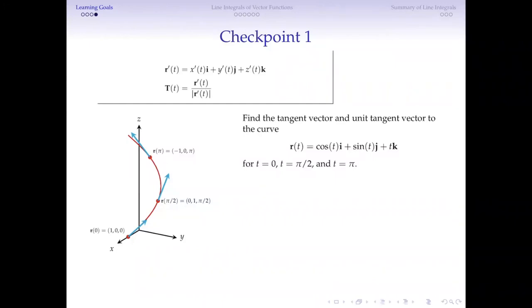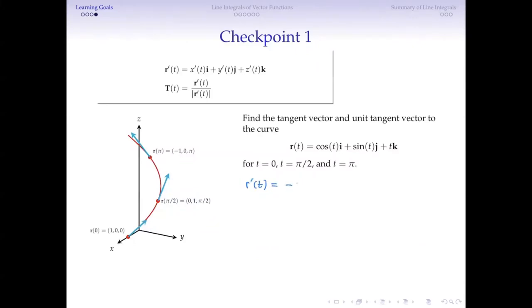Let's go through the calculation of the tangent and unit tangent vectors for the curve that I've now shown on the left-hand side. I've also marked the 3 points where t is 0, t is pi over 2, and t is pi, as well as shown what the tangent vectors actually look like. So this is a part of a helix curve. Let's first of all calculate the tangent vector as a function of t.